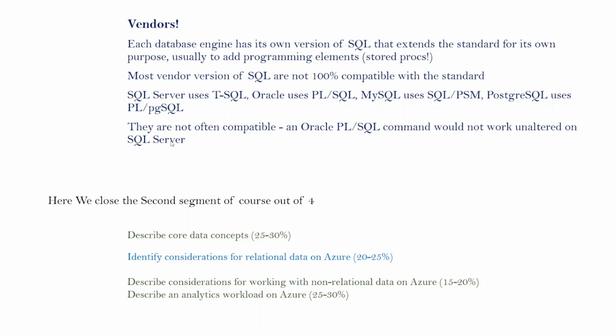With this, I would say we have completed the second segment of the course, that is identifying considerations for relational data on Azure, which carries around 20 to 25% of the questions appearing on the examination. First we went through core data. That was one video, but it was divided into two parts, basics and then core concepts.